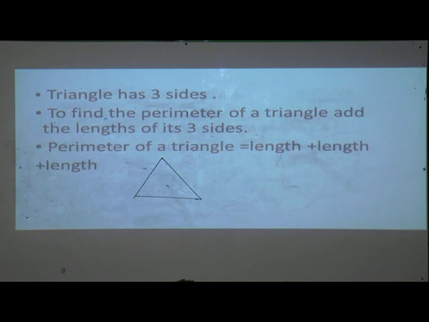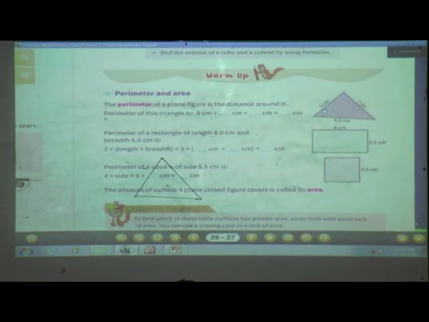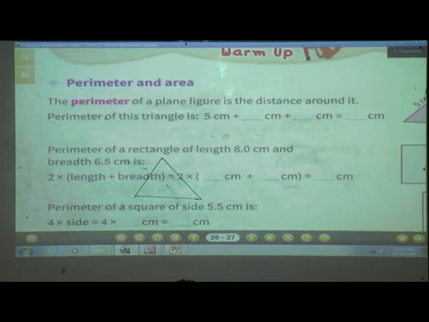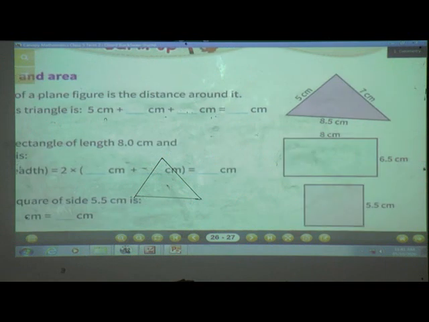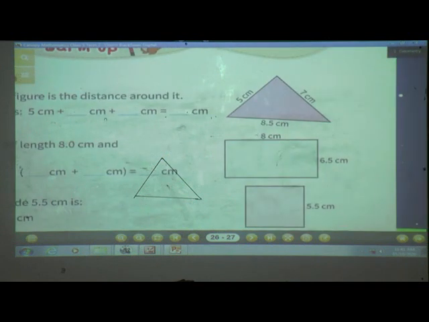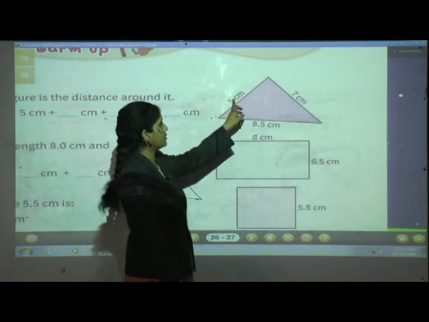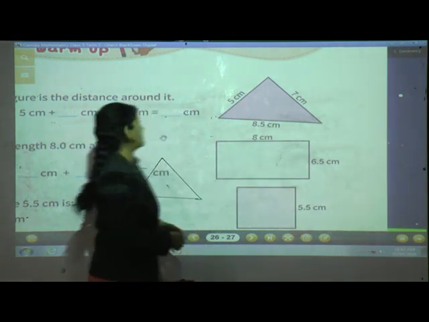Here in the textbook they have given us one example. Perimeter of a plane figure is the distance around it. Perimeter of the triangle is, see, they have given us the measurement of three sides: 5 cm, 7 cm and 8.5 cm.